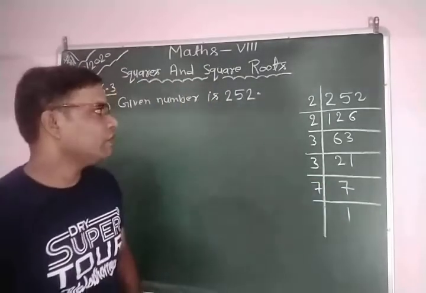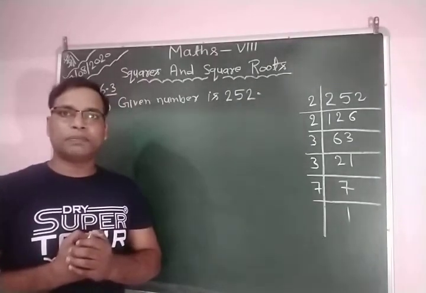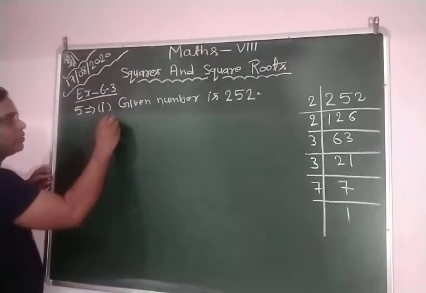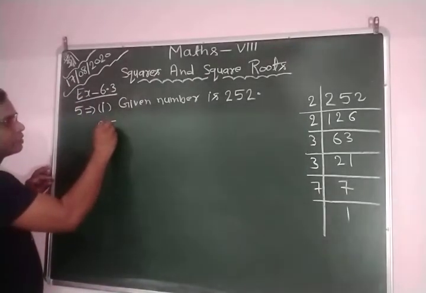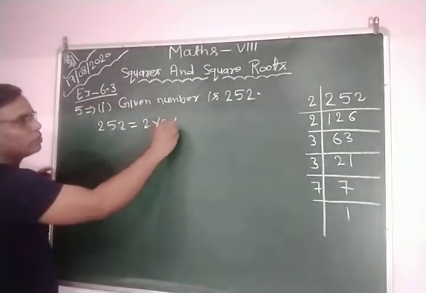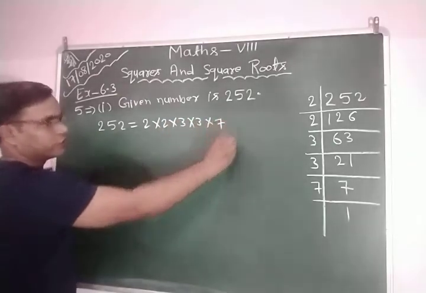Okay, so now we express 252 as a product of prime factors. We can write 252 is equal to 2 into 2 into 3 into 3 into 7.